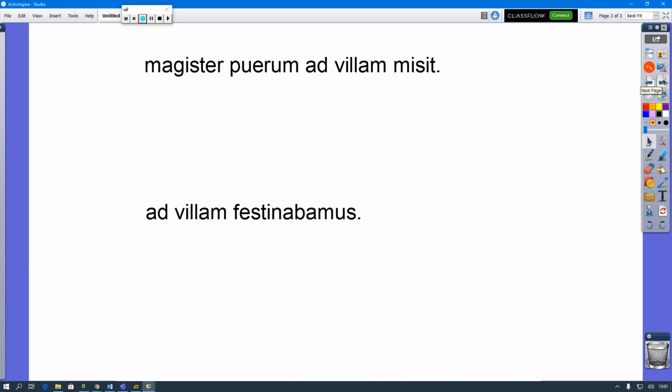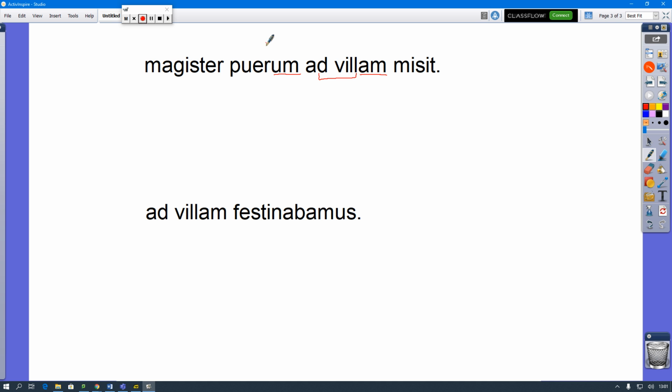When I come to translate a sentence, I will sometimes see that I have two M&S endings in a sentence. However, villam should be attached to ad because it's a preposition phrase.